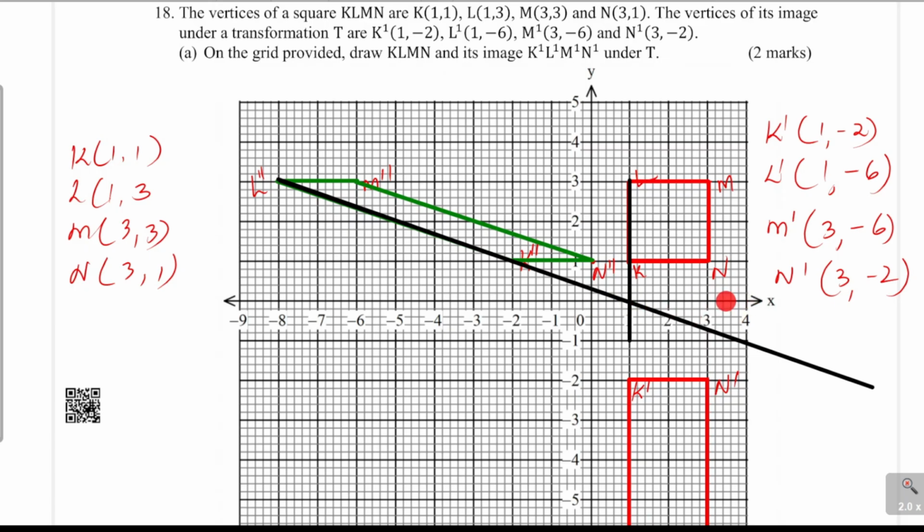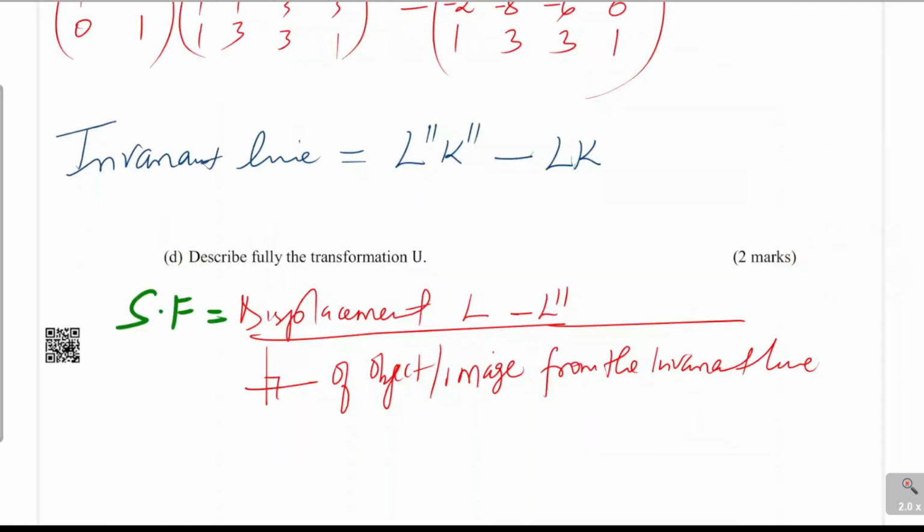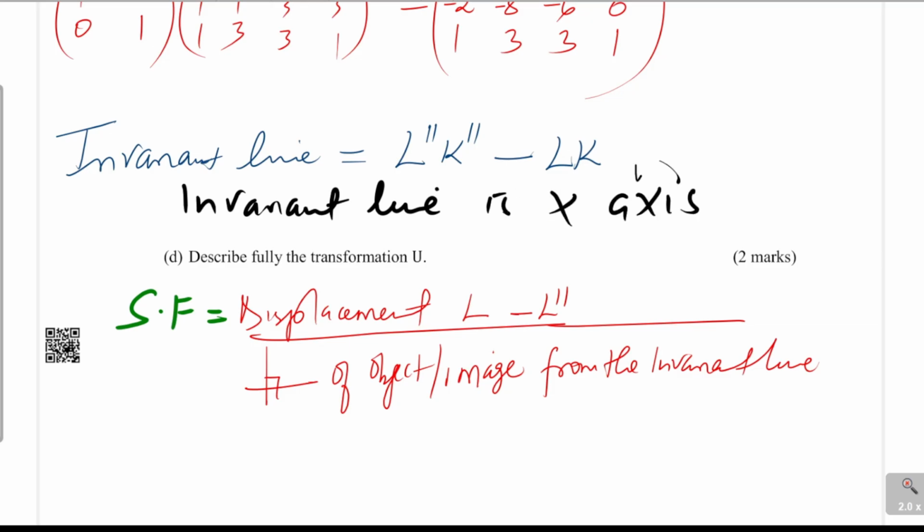So the invariant line here is the x-axis. These points are shifting parallel to the invariant line. Look at M and look at M prime. So the invariant line is where these two lines are meeting. In this case, the invariant line is the x-axis.